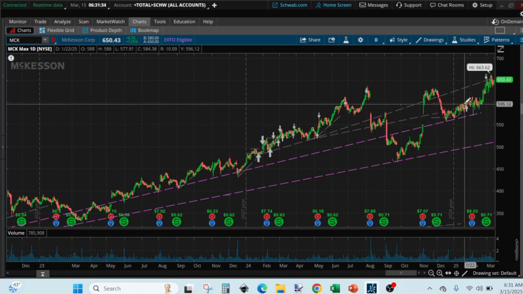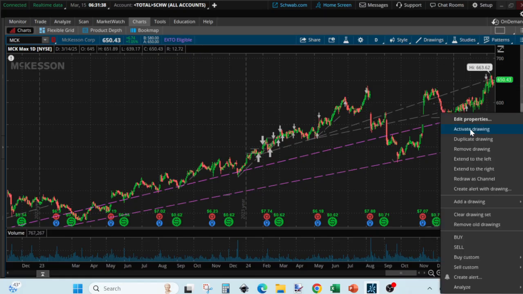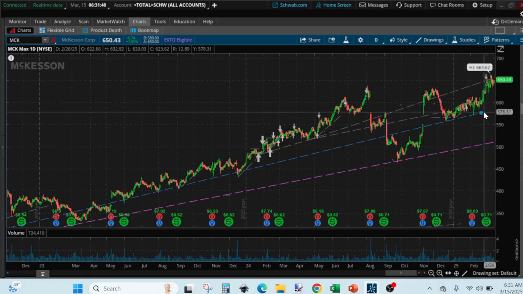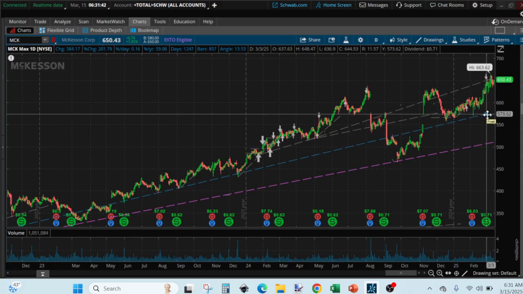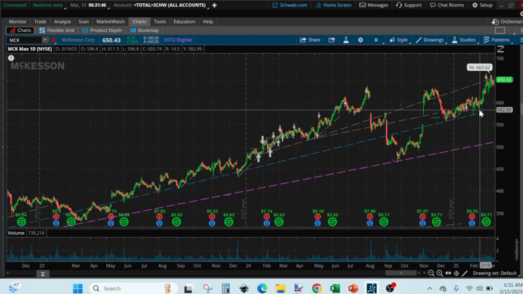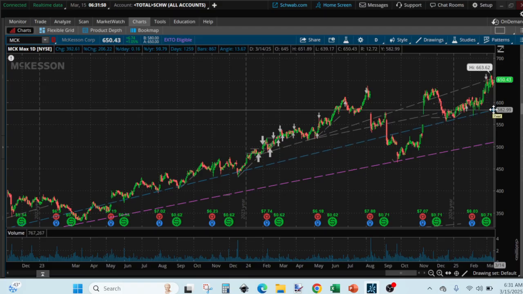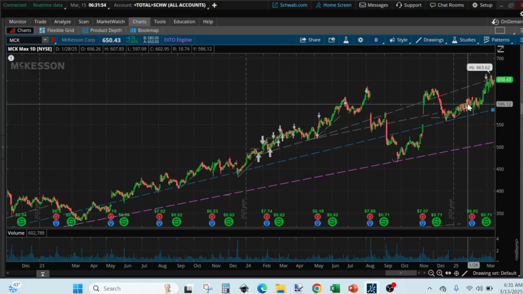Because we bought it somewhere here, and this trend line is going up, but it's not that high yet. I don't know if it makes sense what I'm talking about. And that's how you do the analysis. So we bought it somewhere there, and do you see my line?